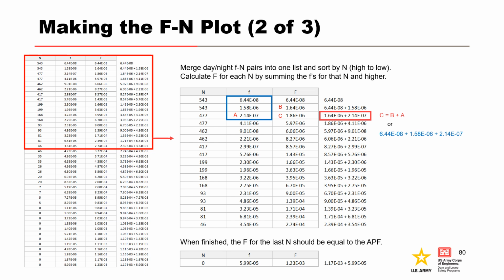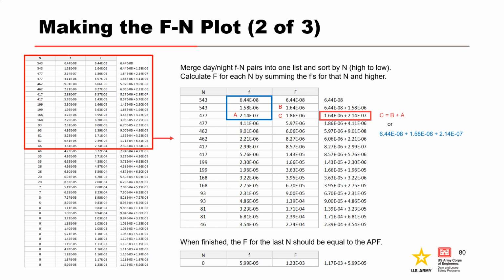For the first partition, the little f is going to be equal to the big F and is equal to 6.44 times 10 to the minus 8. I add 1.58 times 10 to the minus 6 and get 1.64 times 10 to the minus 6 for the next interval. I add 2.14 times 10 to the minus 7 to that and get 1.86 times 10 to the minus 6 for the next one.